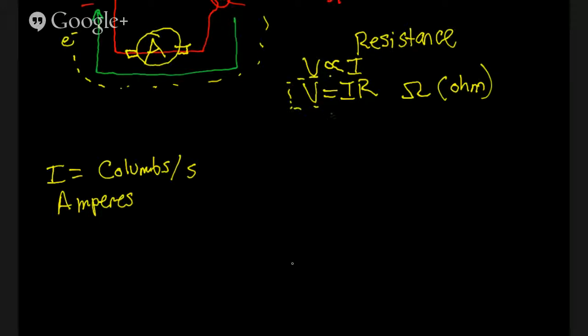Ohm knows that current and voltage are related, and voltage is something else. Some people don't like this, but there's an analogy we can use: think of the flow of electricity as the flow of water.